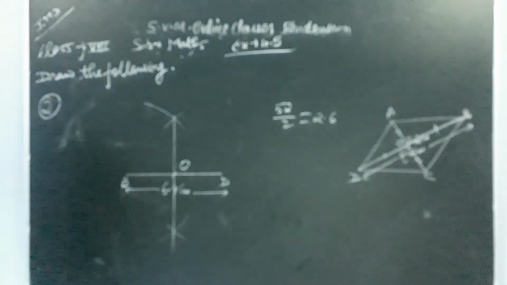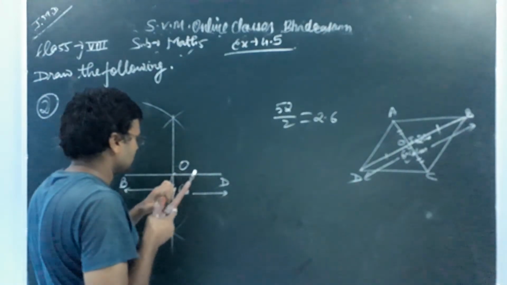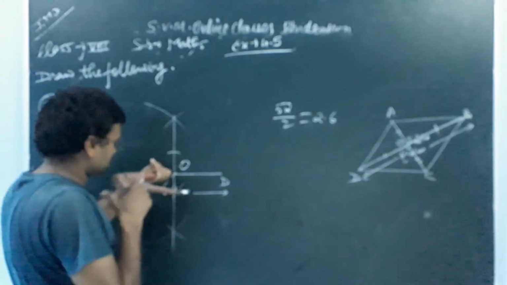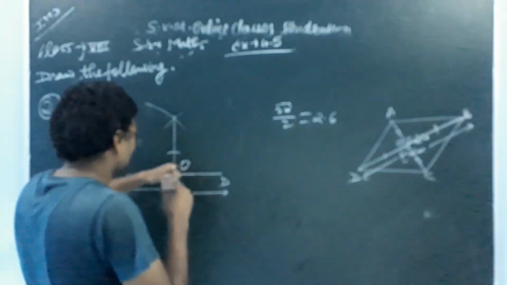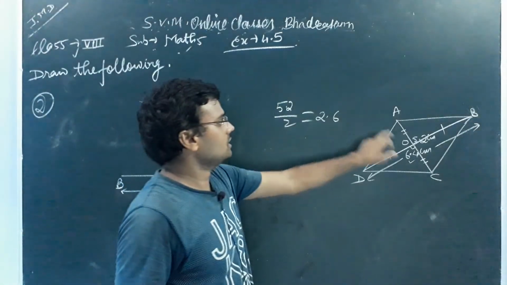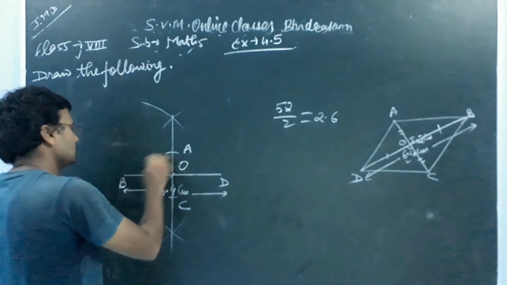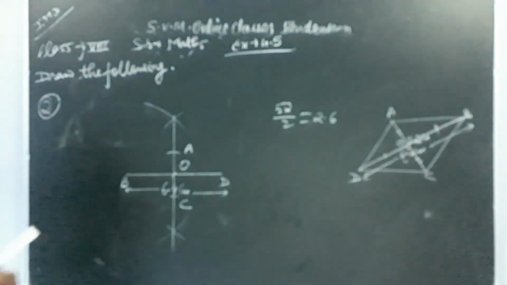We will cut an arc of 2.6 on the upper side and 2.6 over here. This point is A and the point on the other side is C.